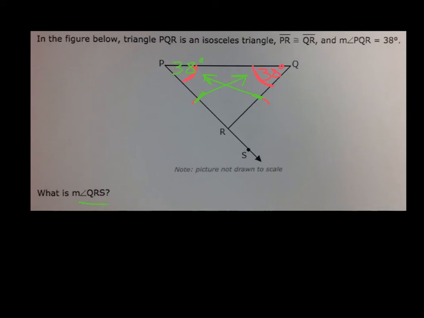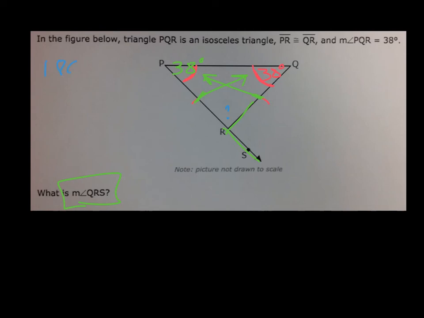And my final question is, what is the measure of angle QRS? So QRS is right there. I am going to do it a long way, and then I'm going to show you somewhat of a shortcut. All right, so first of all, let's find the measure of the last angle in that triangle. And so again, the sum of the angles in every triangle is 180.